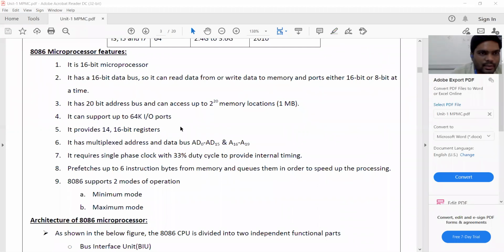Coming to the next feature here, it can support up to 64K IO ports. IO ports are nothing but input-output ports. So let us come back to the original definition of a port.